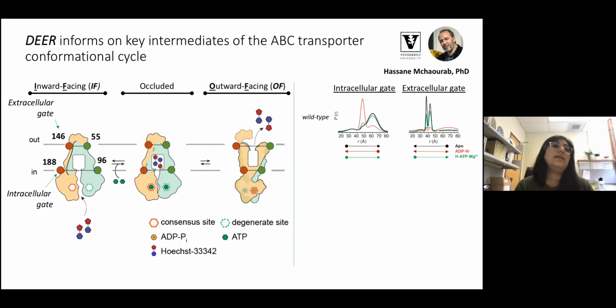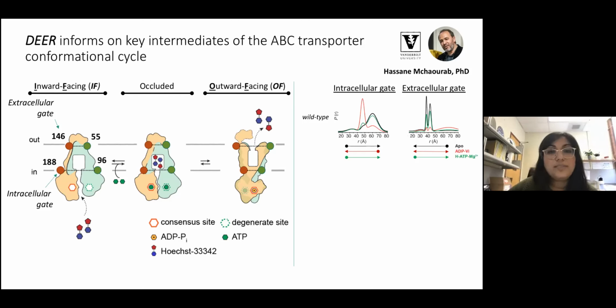The presence of substrate or inhibitor pushes these conformational landscapes to alternate states, but you still see a distribution of conformations. Around the time that we were beginning this project, Hassane had published a really beautiful study on Pgp, and we had been following his work on BmrCD.